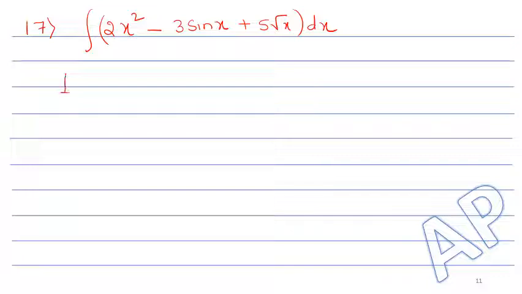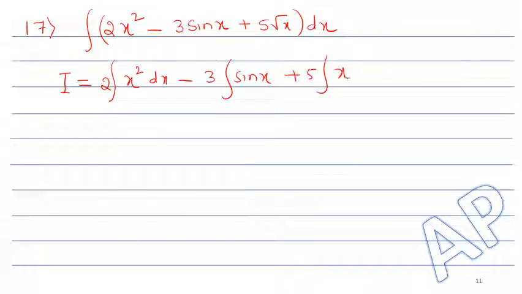I will consider this as I, integral 2 times of integral of x square dx minus 3 into integral sin x plus 5 into integral root x is x to the power of half dx.